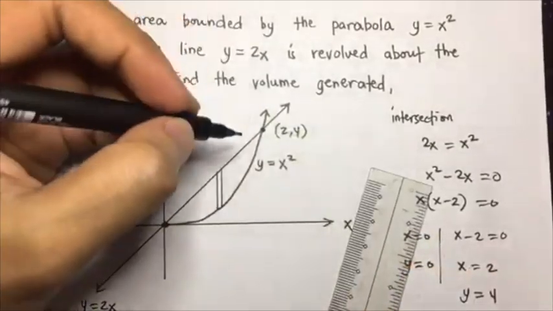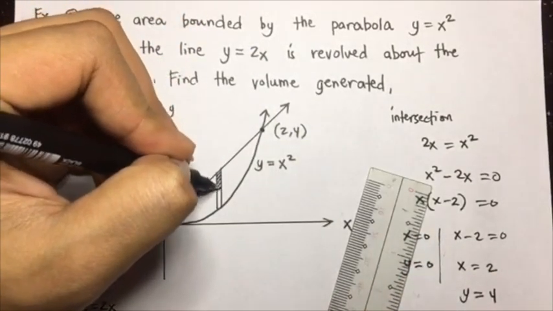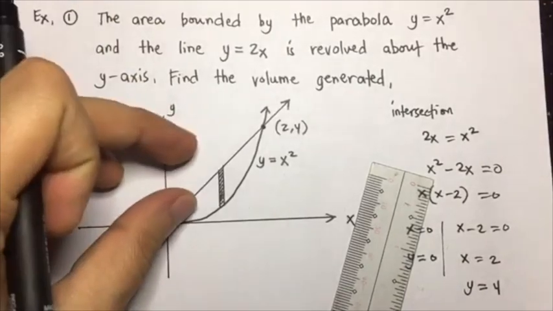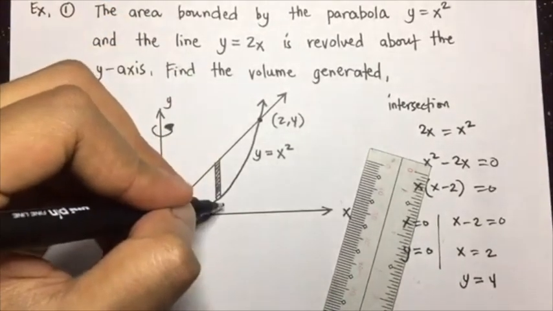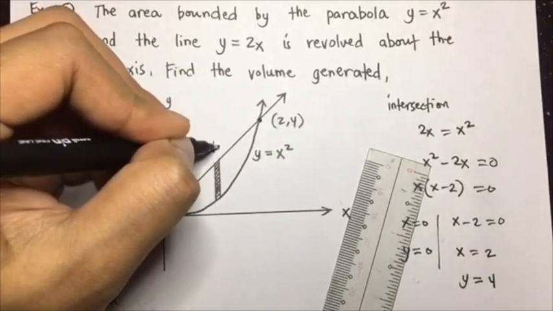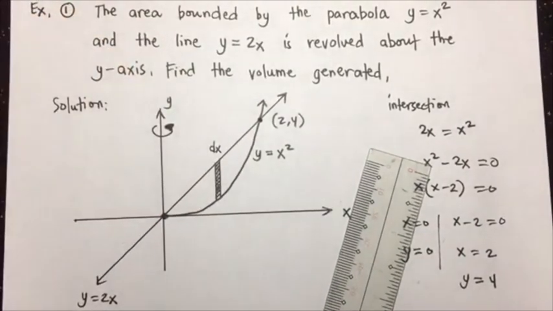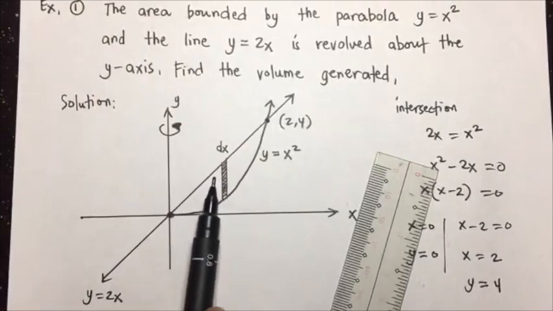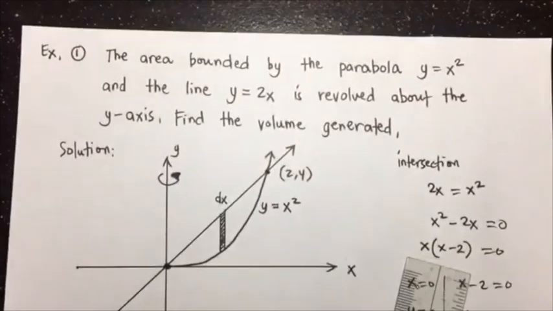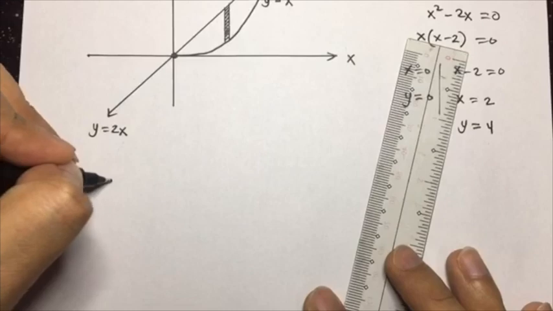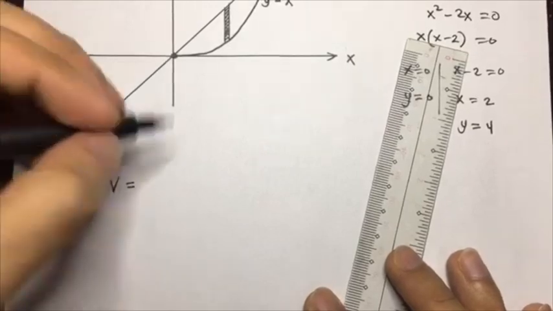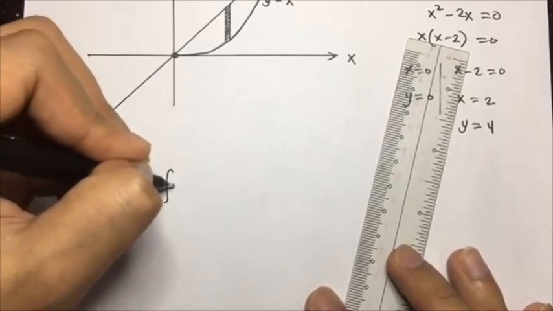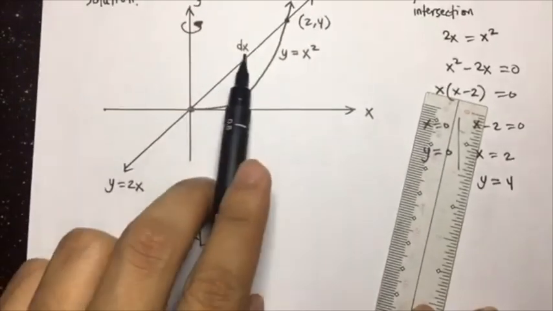If our strip is vertical, we will have dx as our integrating variable, because that is the thickness of the strip. And for cylindrical volume, its formula is V is equal to 2 pi integral of r l dx.